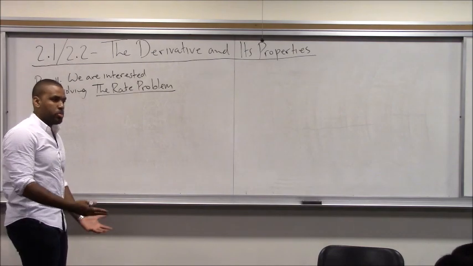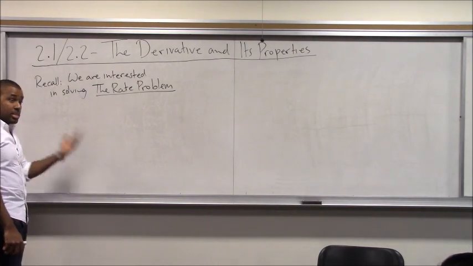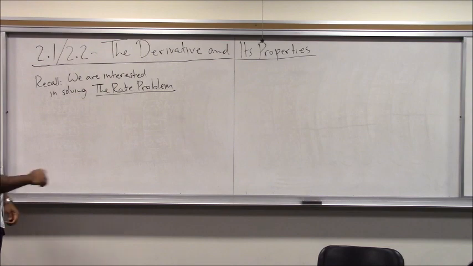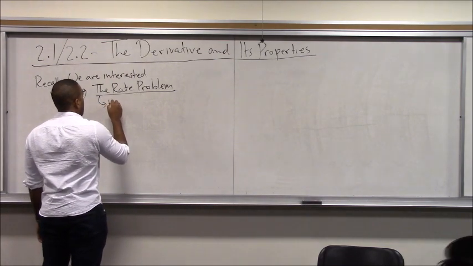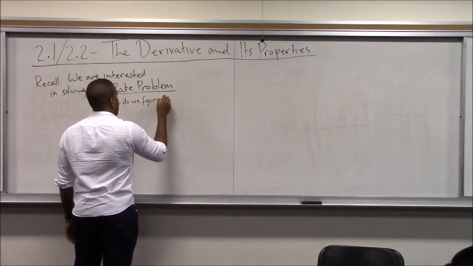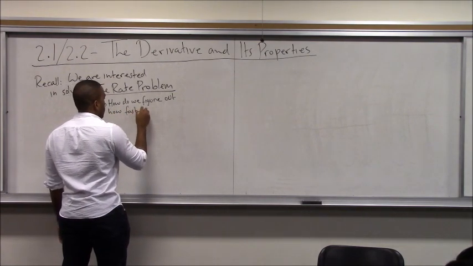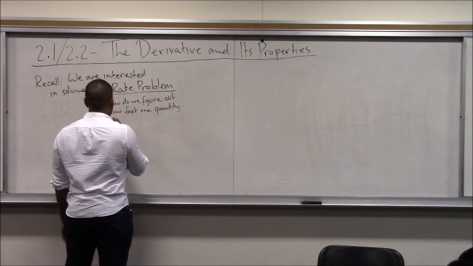right? So figuring out the speed of something. How much distance is changing with respect to time? That's speed, right? And so that's the rate problem. We try to figure out how fast something is moving. So you have two related quantities.